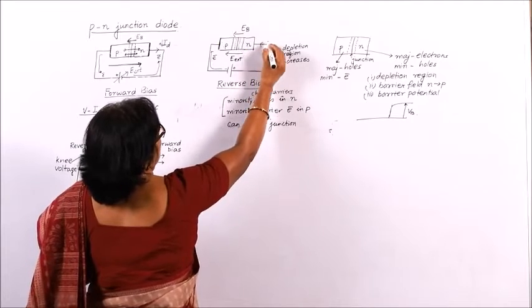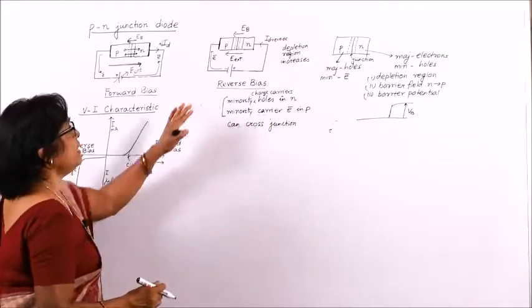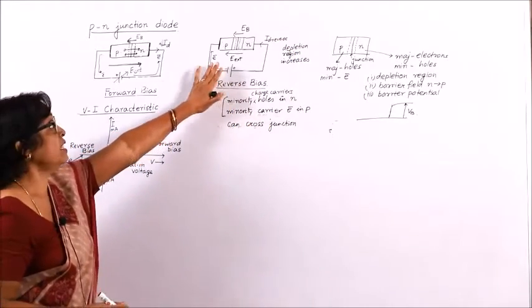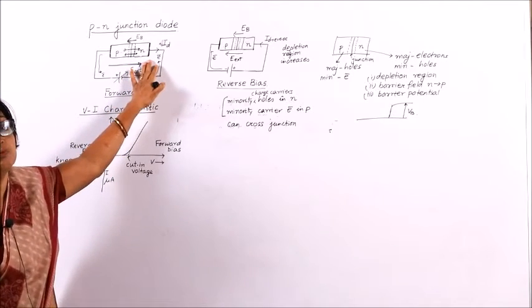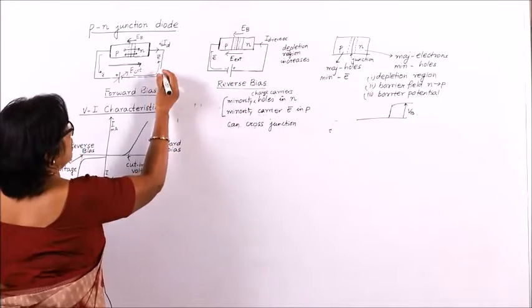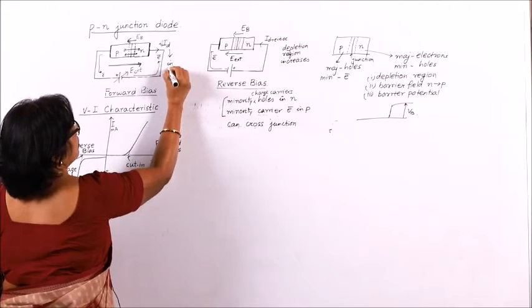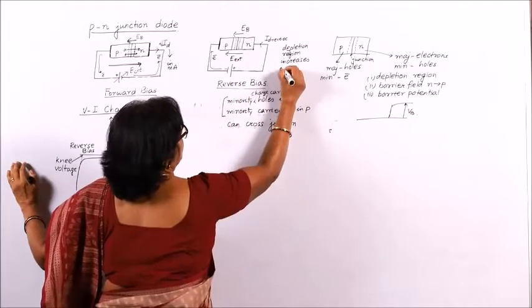My current in the external circuit will be like this, but this is reverse. So, the current in the external circuit is in the opposite direction to the case of forward bias. But this current is very small. If we measure this current ID, it is very small, in microamperes.